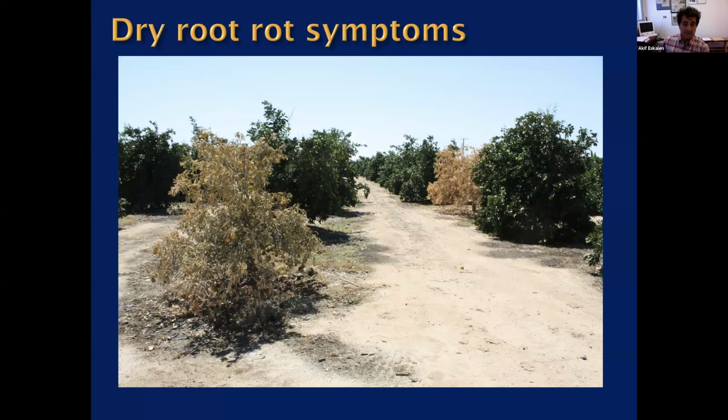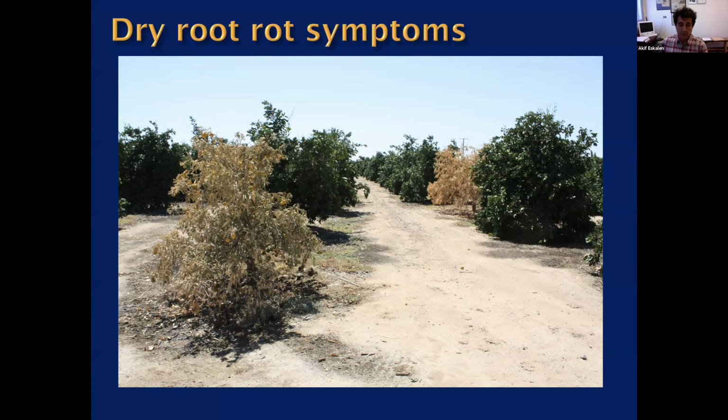So these are other symptoms of the dry root rot. The one on the left is starting to die. You can also see some greenish leaves on that one. The one on the right in the rows is completely dead.